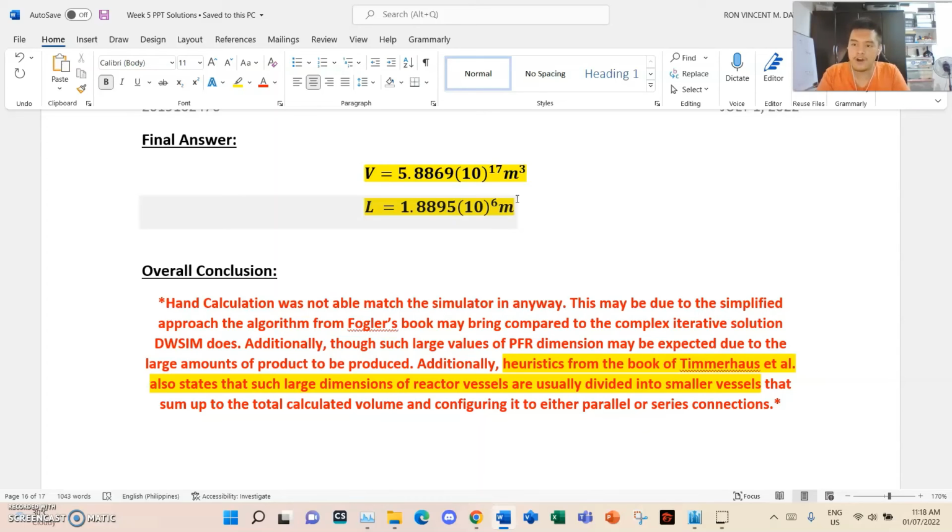A single PFR to accommodate that would be very, very large. That's why some chemical engineers use this value from simulators, but rather than making one big vessel, they make smaller vessels and connect them so that they total the volume given by the simulator. It might be hard to understand.